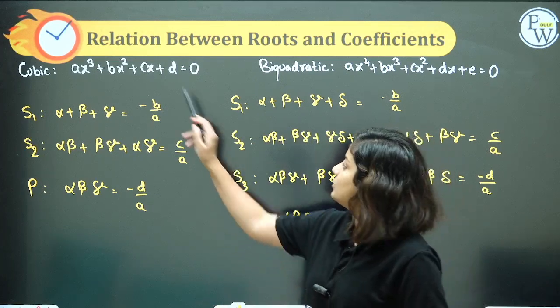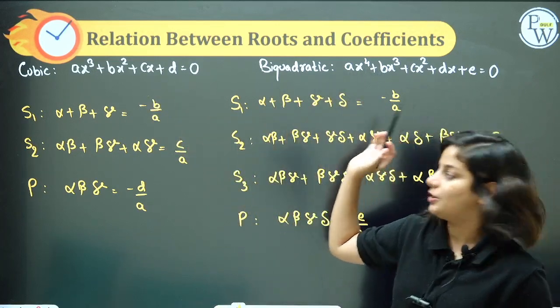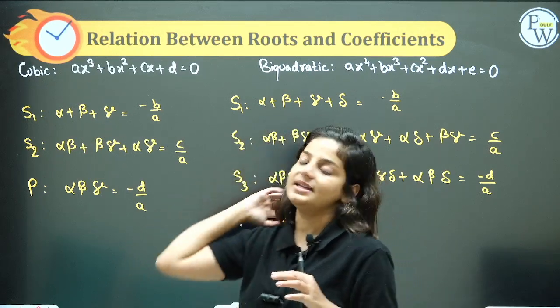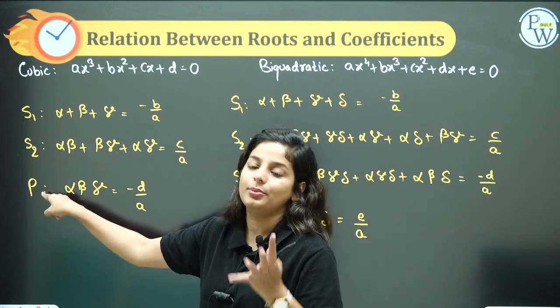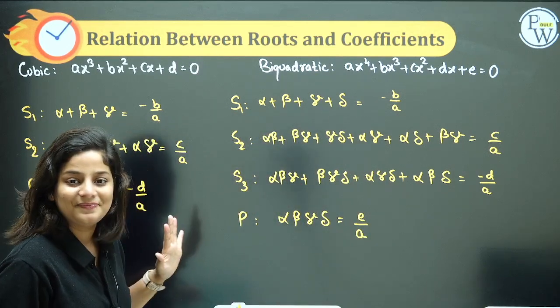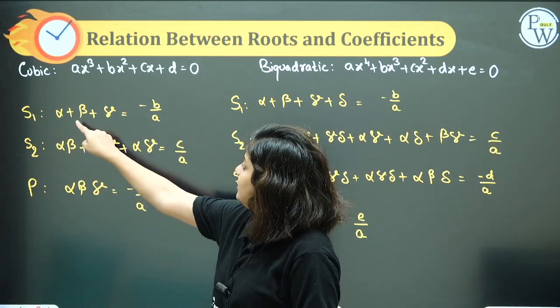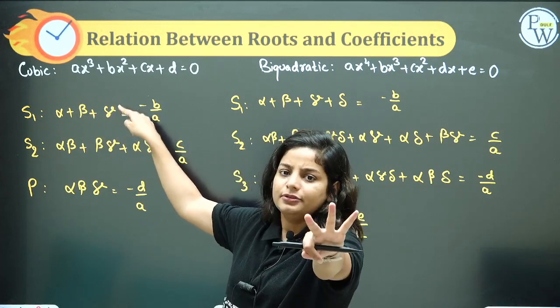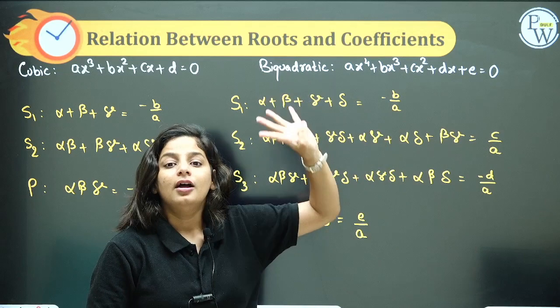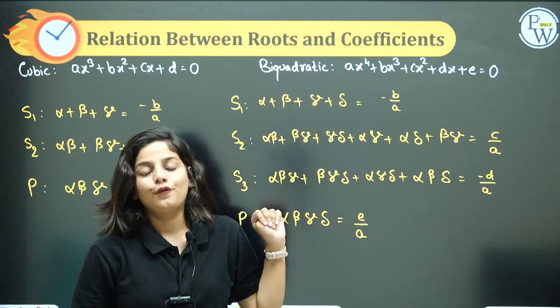Let's talk about the cubic and biquadratic equations. For a cubic equation, sum S1, S2, P for product. Biquadratic S1, S2, S3, P for product. Cubic equation has 3 roots: alpha, beta, gamma. Biquadratic has 4 roots: alpha, beta, gamma, delta.